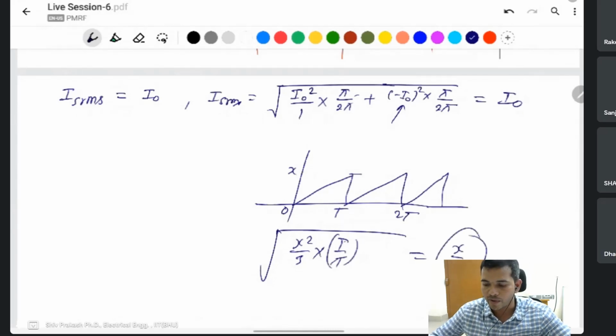This is the triangular waveform RMS value. Yes, this is a shortcut. You can apply it for the long term.